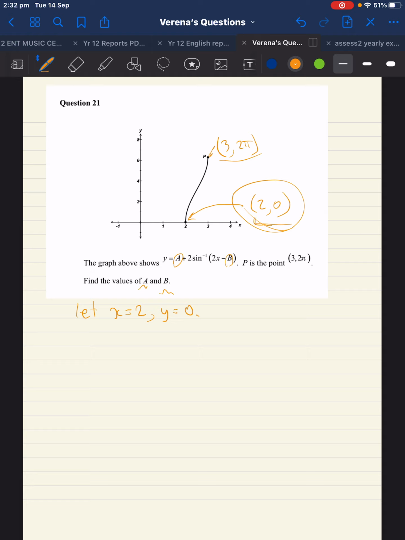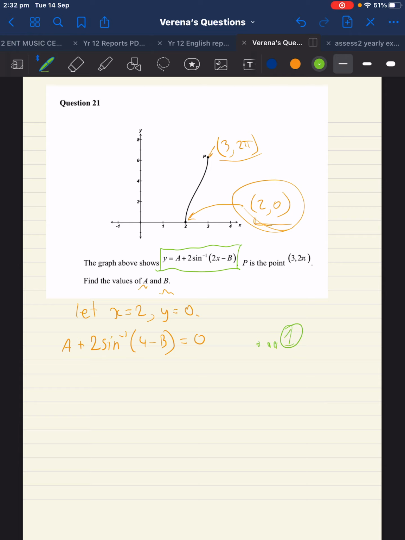So we know this scenario. Subbing these values into our equation, here's our equation right here. Subbing these values into the equation gives us a plus 2 inverse sine of 4 minus b, which will be equal to 0. This here is our first equation.